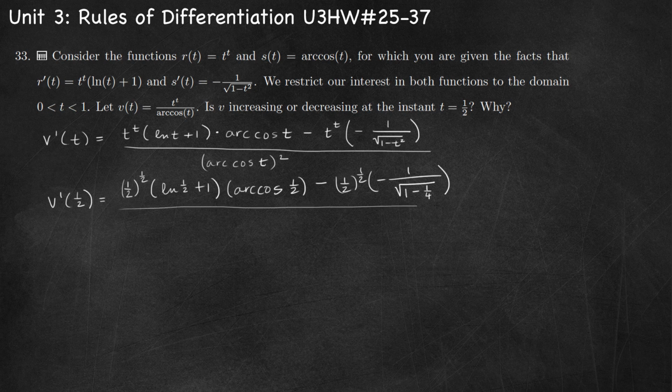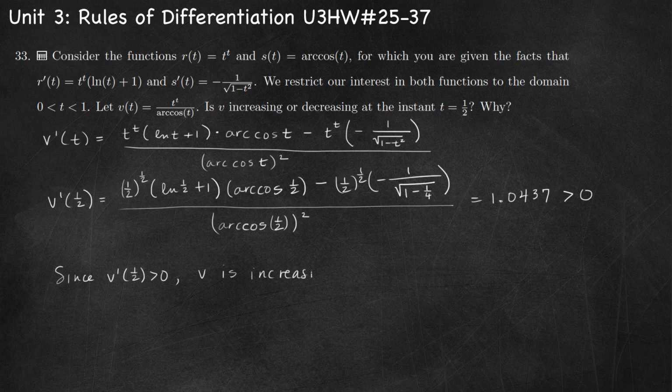And then that all gets divided by arc cosine of 1/2 squared. And there we should be getting 1.0437, which is positive. So now since v prime of 1/2 is greater than 0, v is increasing at t equals 1/2.